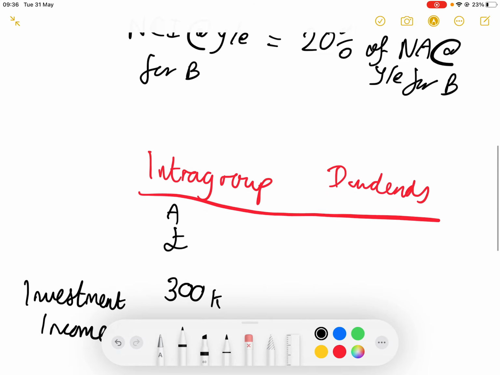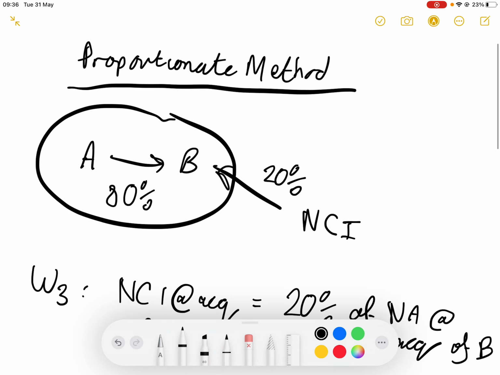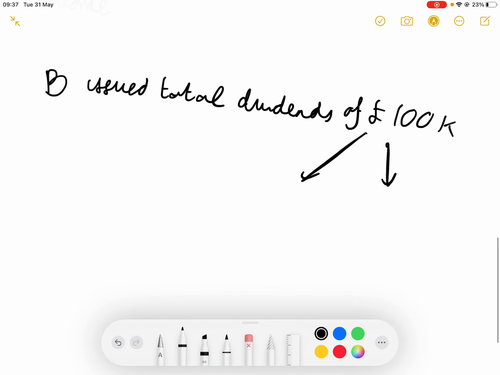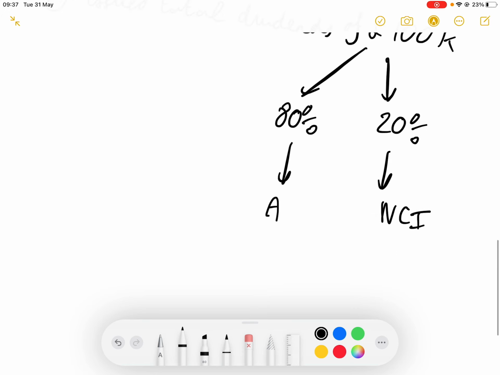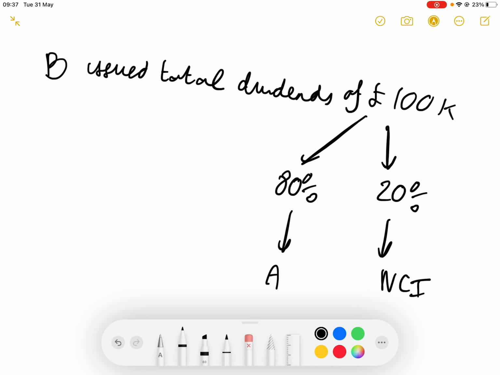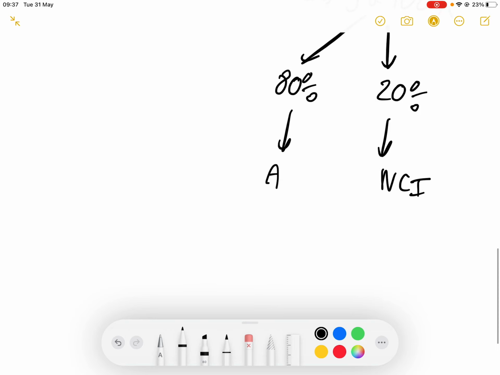So we know that A has 80% ownership of B and NCI has 20% ownership of B. So 80% is going to go to A and 20% is going to go to NCI, because the total dividend income an entity receives is based on how many shares it has. Okay, so then that means A is going to receive 80k and NCI is going to receive 20k.